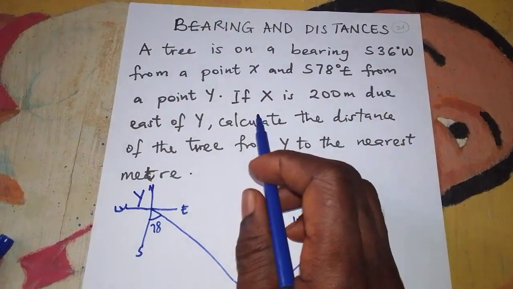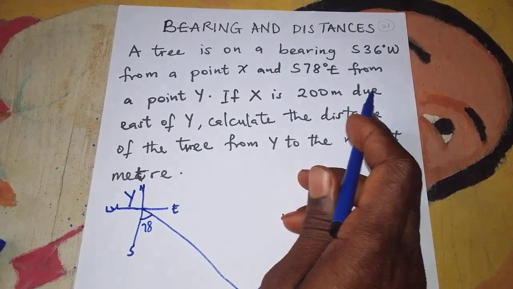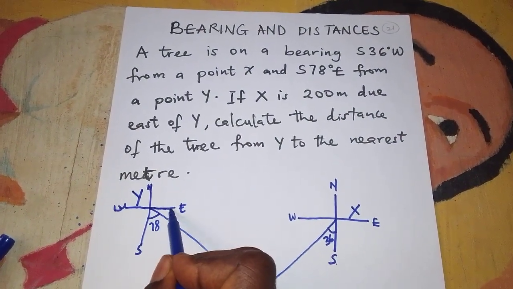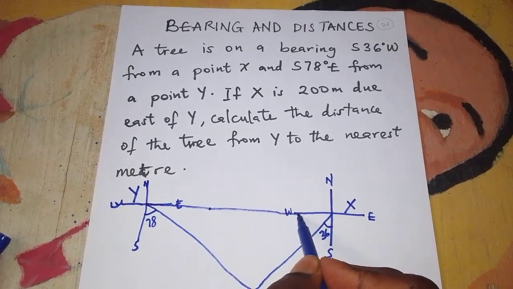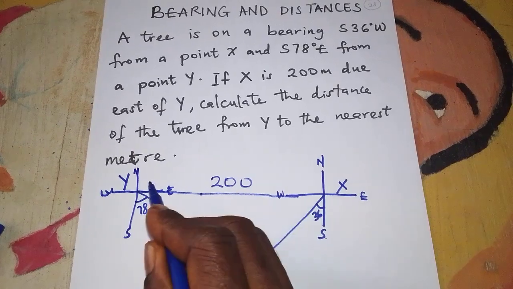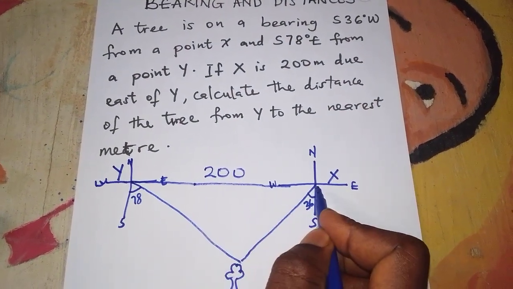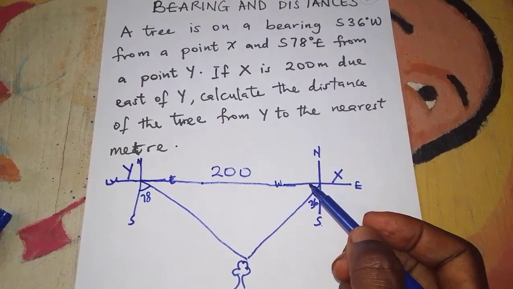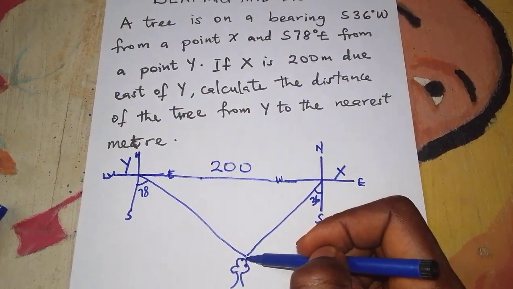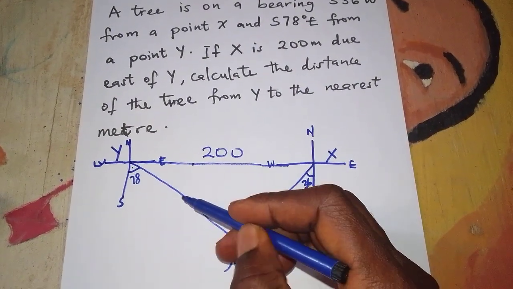So they now say that if X is 200 meters due east of Y, this is Y. Due east, that means on the line of this east. X is 200 meters, so the distance between Y and X is 200 meters due east of Y. Calculate the distance of the tree from Y. You are told to look for from this place to this place.